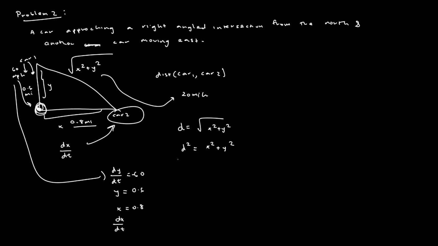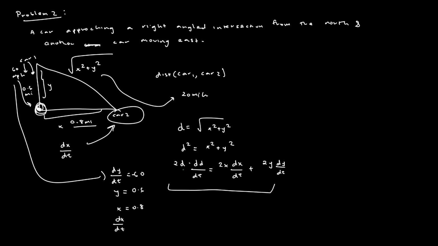To find the related rates, we find the derivative with respect to t. 2d times dd over dt is equal to 2x times dx over dt plus 2y times dy over dt. Basically, this is the related rates equation that we're looking at.